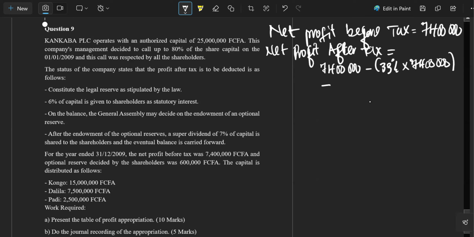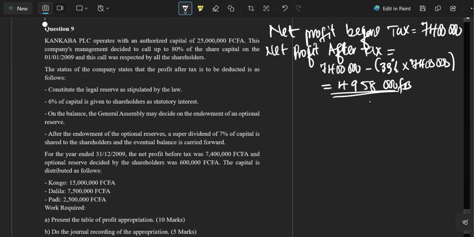When you do all your calculations, we are going to have a net profit after tax of 4,958,000 francs. So this is our net profit after tax that we're going to share.